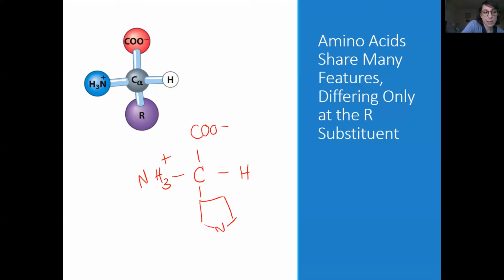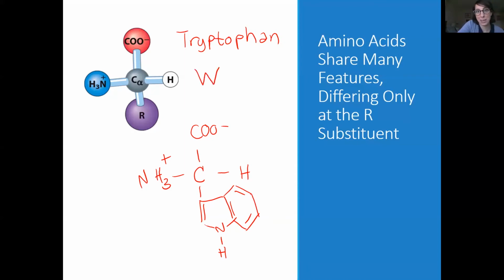And it has a double bond here, an H here. Now, tryptophan has an interesting one-letter code. Its one-letter code is W. And I usually say it as tryptophan to remember that there is a W present there.